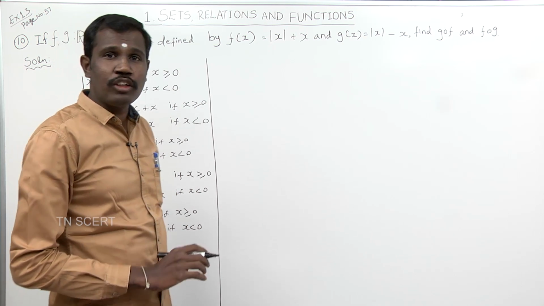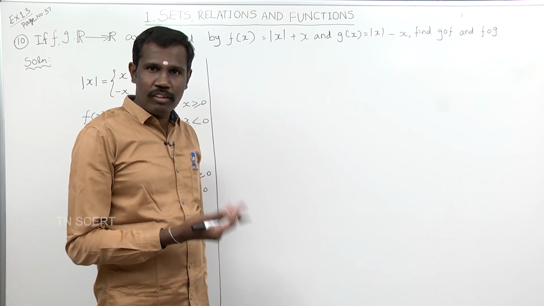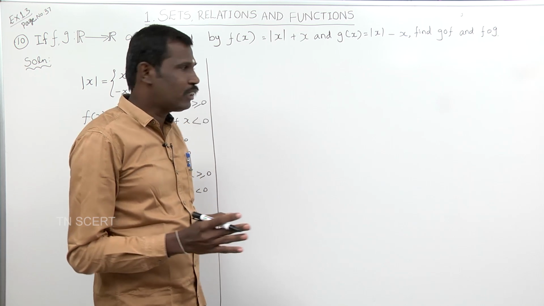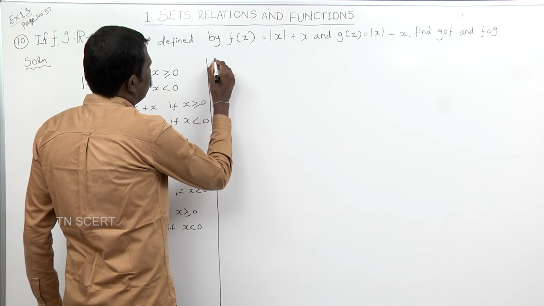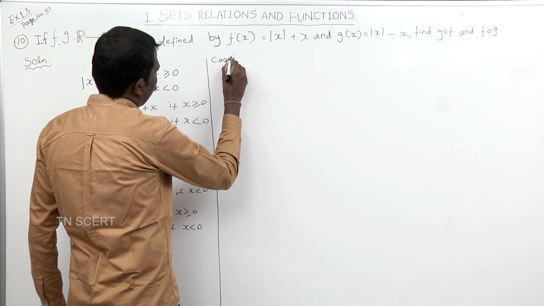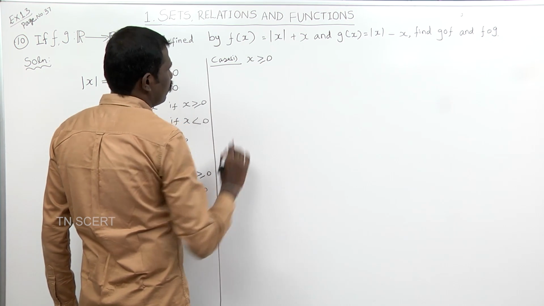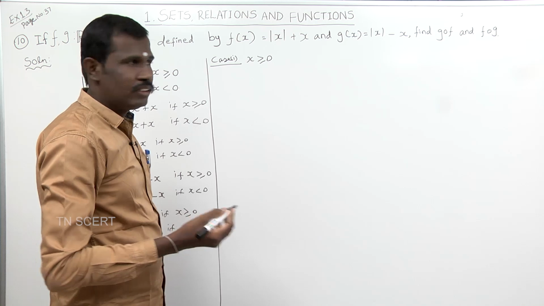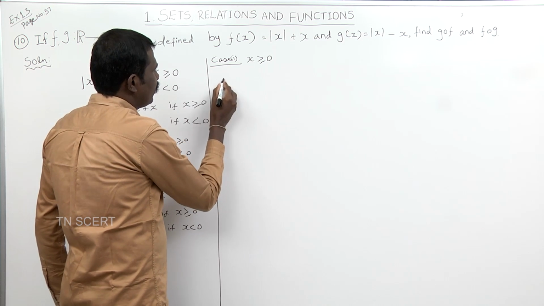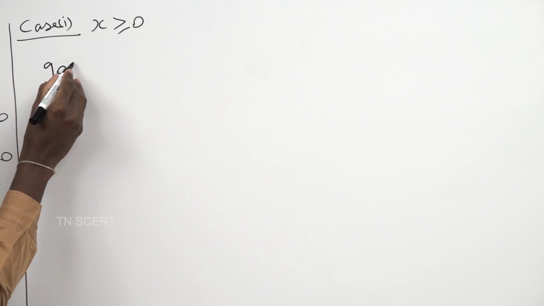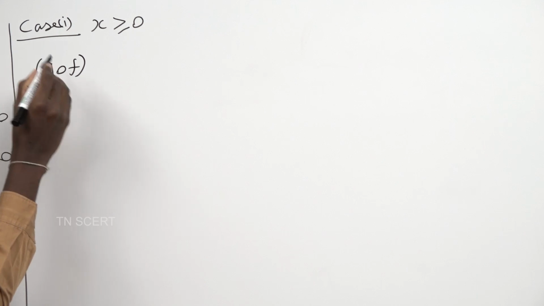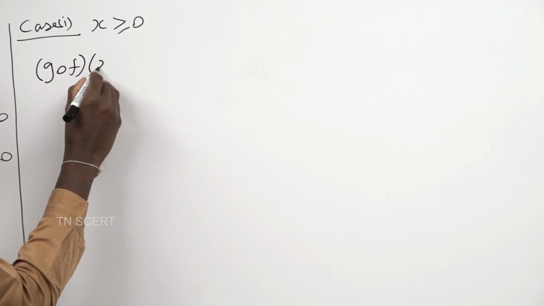Here, we have to consider two cases: when x is non-negative and x is negative. Case 1, x is non-negative, that is x is greater than or equal to 0. First, let us find g composite f. Take any arbitrary element x.